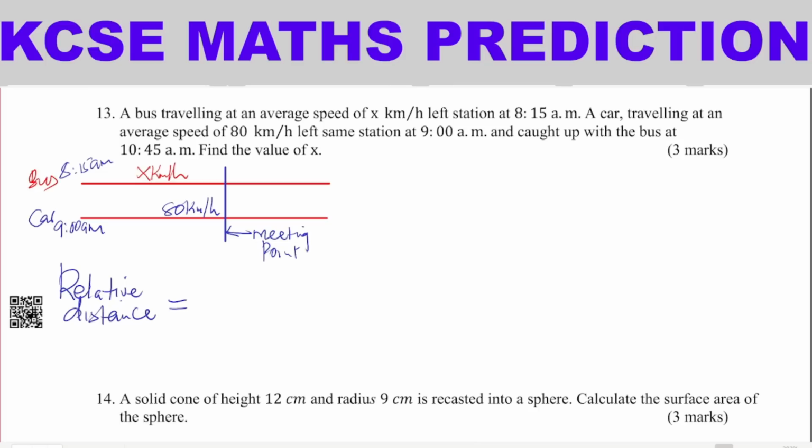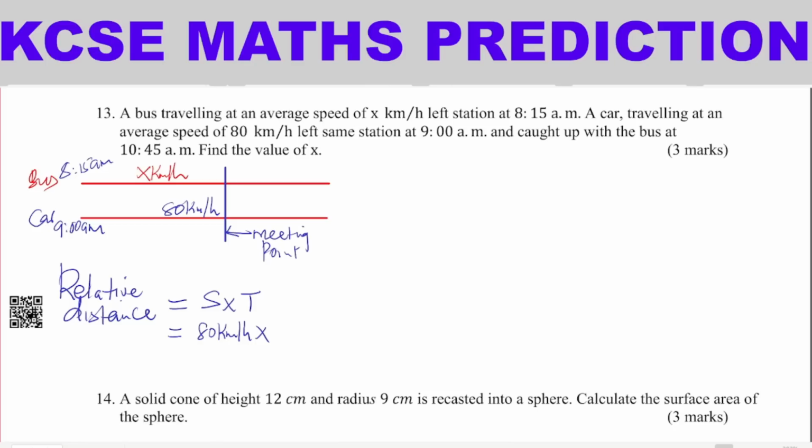Distance is given by speed times time, and this time we're going to use the speed of the car, because that is what we know. We don't know the speed of the bus; we're supposed to get that. Therefore the speed of the car is 80 kilometers per hour times the time taken by the car.